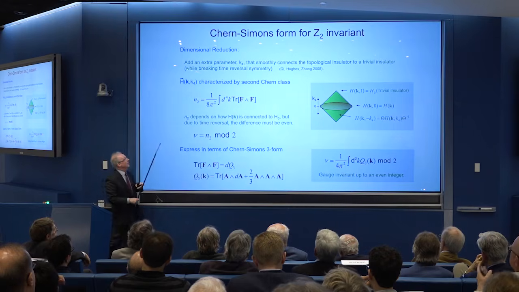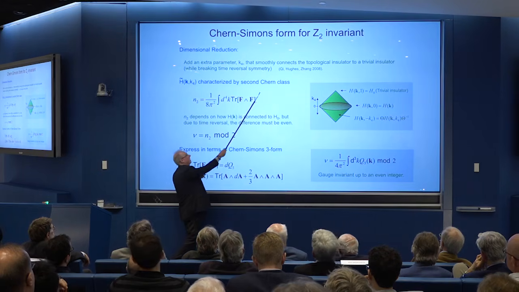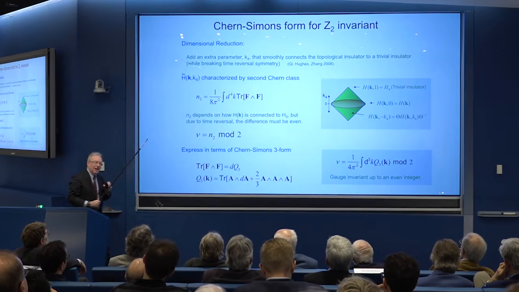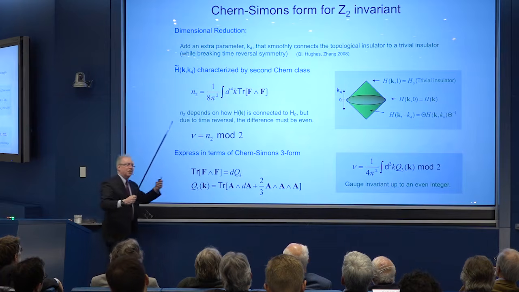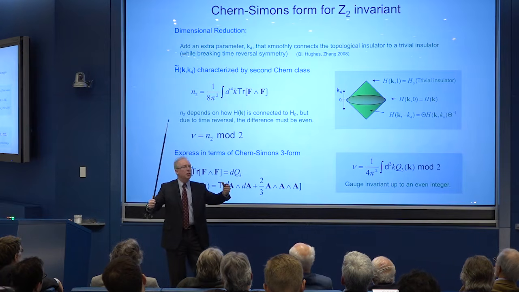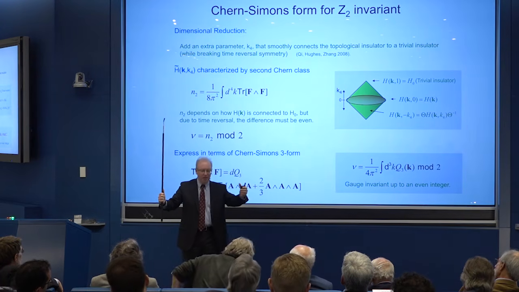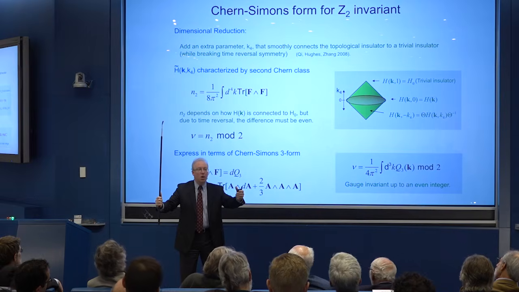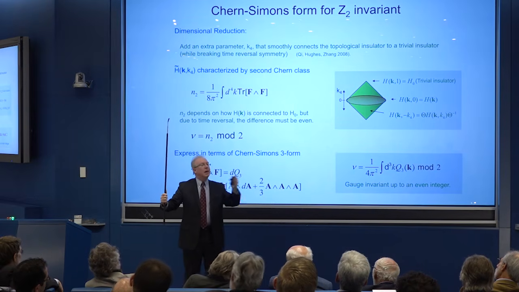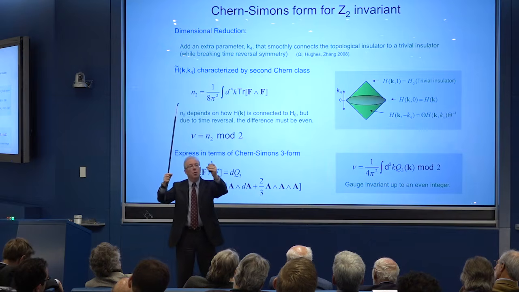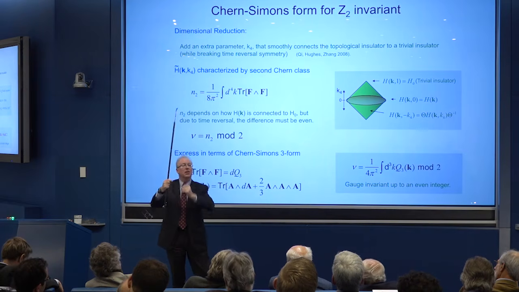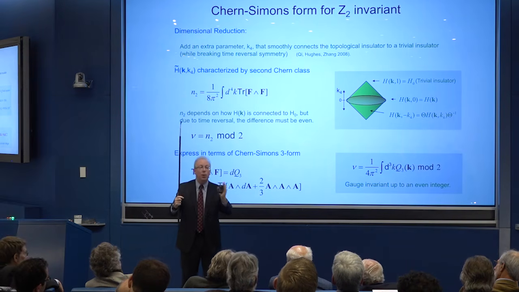Okay, and so actually, Shoucheng Zhang and Xiaoliang Qi had a very interesting insight, which is, let's suppose we have time reversal symmetry in this 3-dimensional band structure. Now, what that means is that if I forget about time reversal symmetry, everything's trivial. So I can continuously deform it to a completely trivial insulator, while breaking the time reversal.